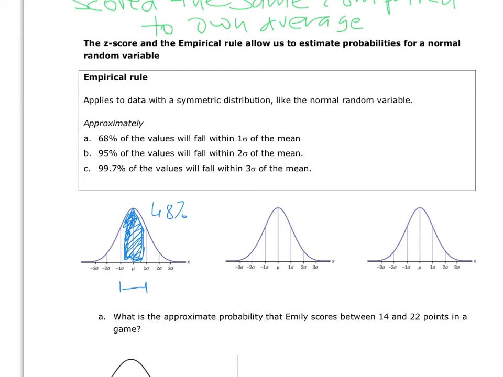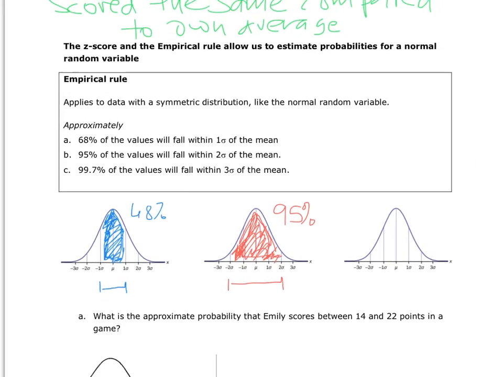Then it says 95% of the values will fall within 2 standard deviations of the mean. That's from -2 to +2 standard deviations. So that area we can think of as being 95%. So within 2 standard deviations for a normal or any other symmetric distribution, 95% or almost all of the values are in that area.